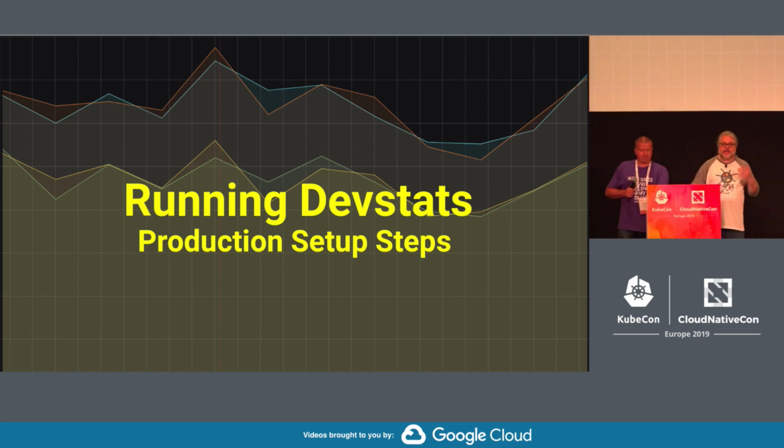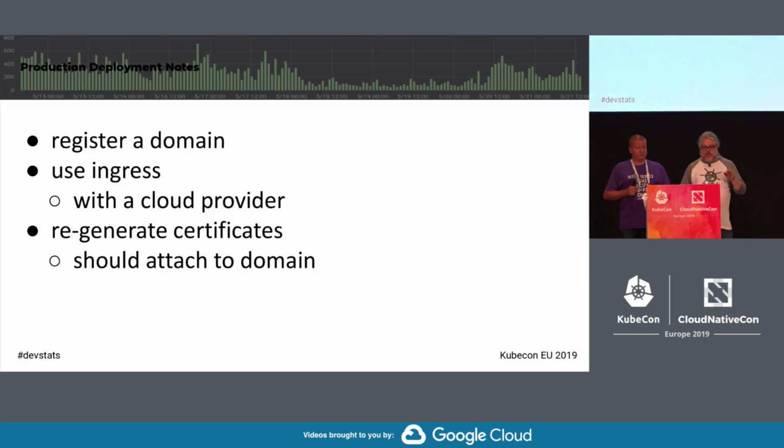So in case any of you want to deploy DevStats itself, which you might if you're involved with other open source projects, here are just a few notes on what you would need to do to take the code that we have and run it in production. First thing you need to do is to have some domain registered. We used AWS Route 53 for our example, but it can be anything.